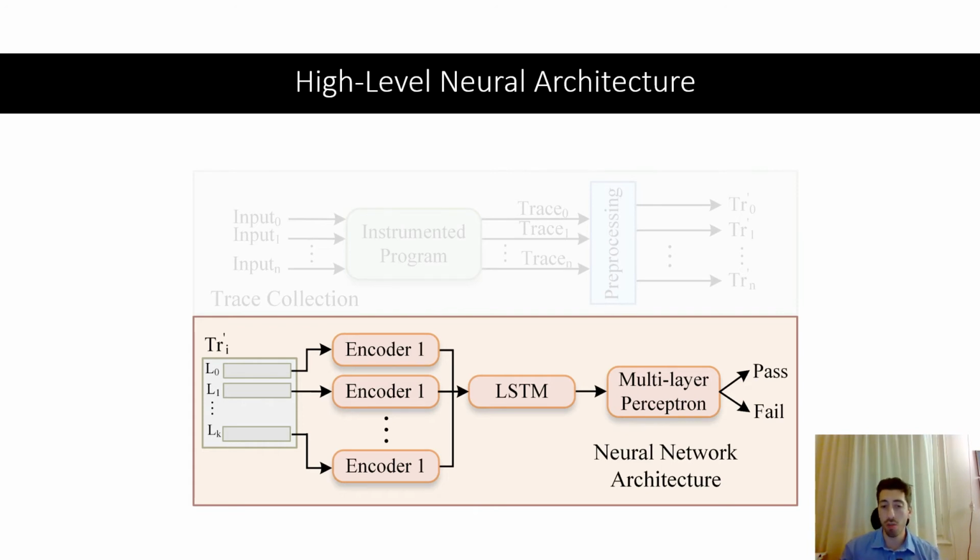This execution trace goes through two stages of encoding, encoder 1 and encoder 2. Encoder 1 summarizes one single function call, and then each function call summarization goes to encoder 2 that summarizes the whole trace. Finally, the output goes into a feed-forward network of 3 layers that does binary classification.